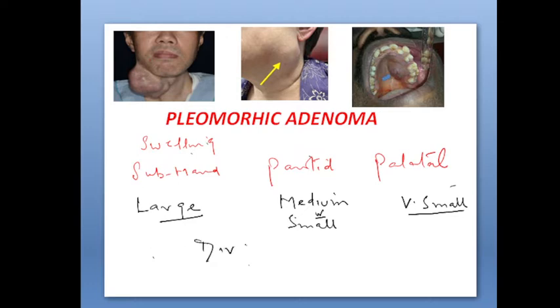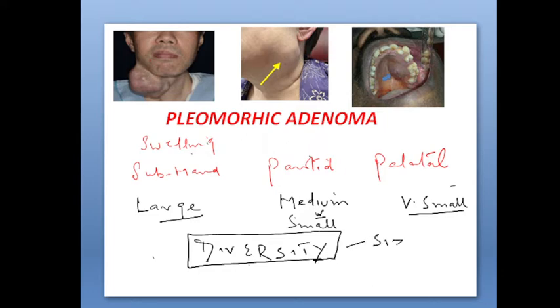So number one point which we have to remember is that there is diversity. They can range in size and they can be seen in large salivary glands, major salivary glands or minor salivary glands. So we have to remember number one point.